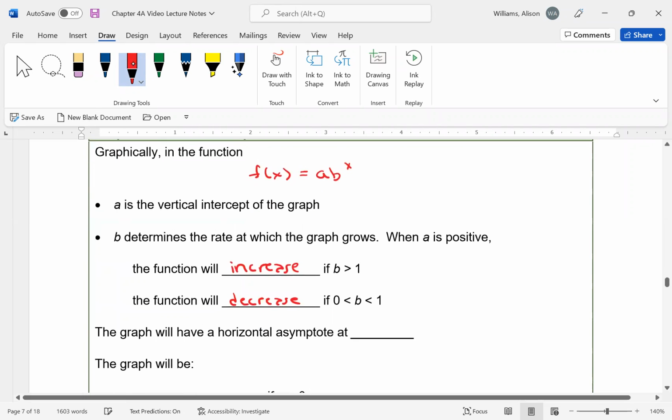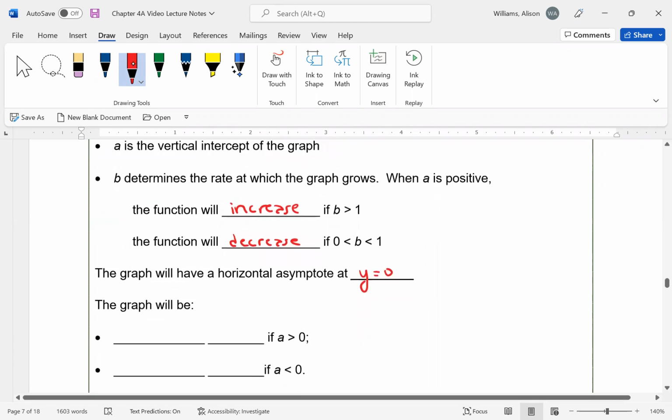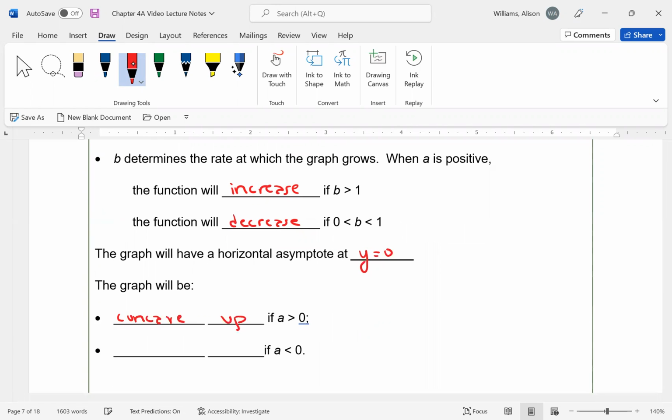The graph will have a horizontal asymptote at y equals 0. We saw that in both. And then the graph will be concave up if a is bigger than 0, meaning that number in front is positive. In our previous examples, we had no number in front, so the number in front was quote unquote 1.